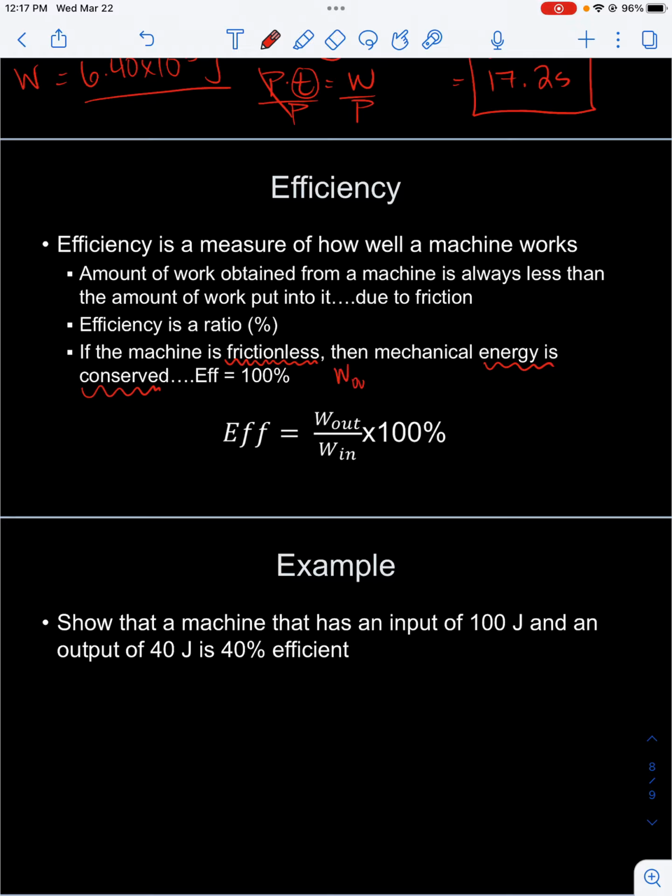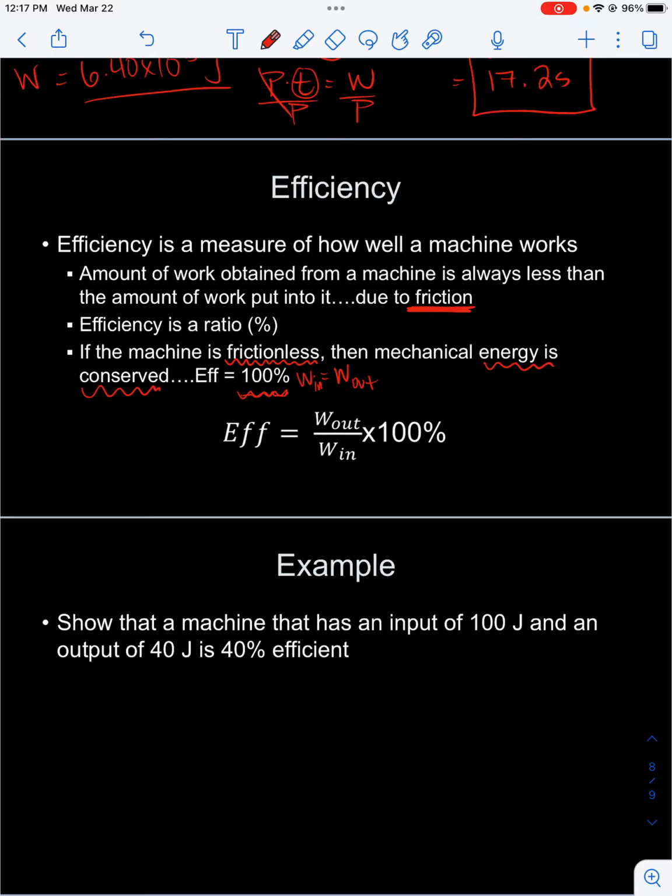So that means that the amount of work that we put in is equal to the amount of work that we get out. And so our efficiency would be 100% efficient. That would be great if that were real life. But in real life, we do have friction. Friction is everywhere. We have actual friction and we have air resistance, which is a type of friction.